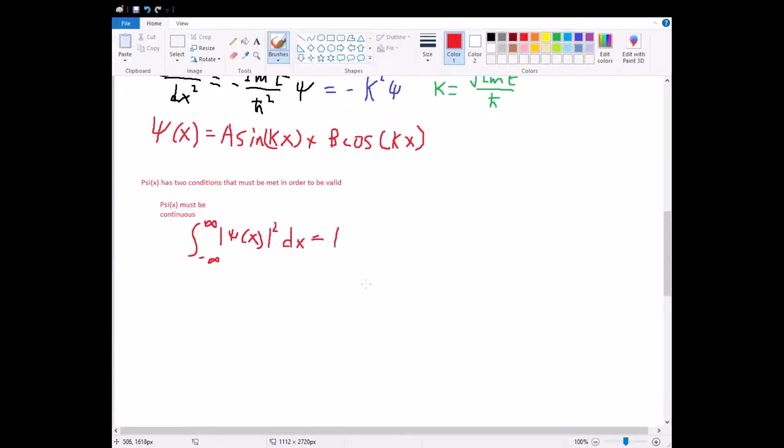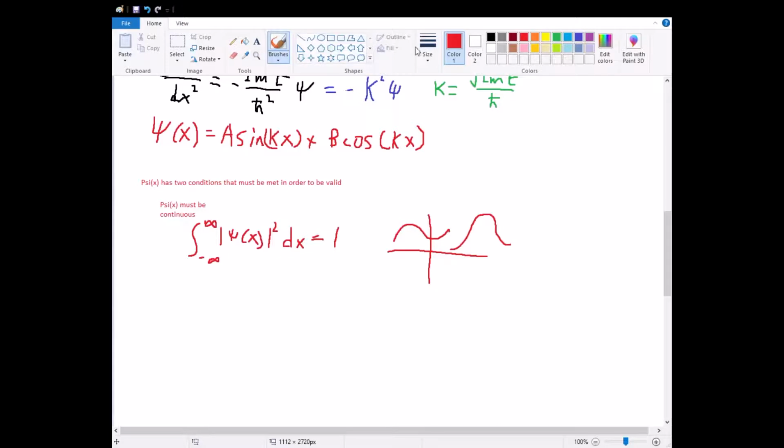We required this as a normalization, and if psi was not continuous, this would no longer be true. If we had some function which just randomly decided to break off, let's say like this, it will never integrate to 1, because we would never be able to get a valid integral for something like this. We would just get equations that break down.